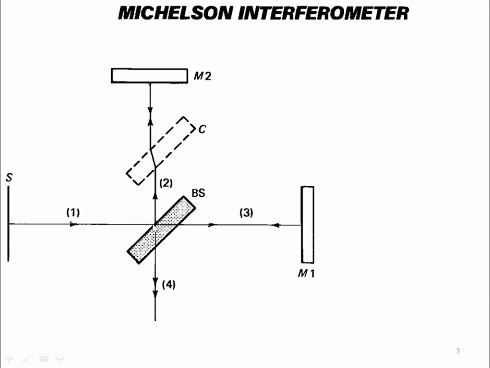So this portion is coated, and this material is such that it has reflection from both sides. If light falls on this side, it suffers reflection, and when light comes from this side, it also suffers reflection.